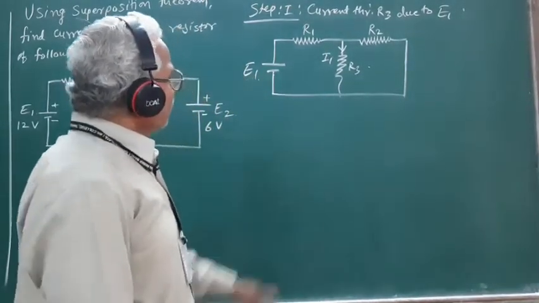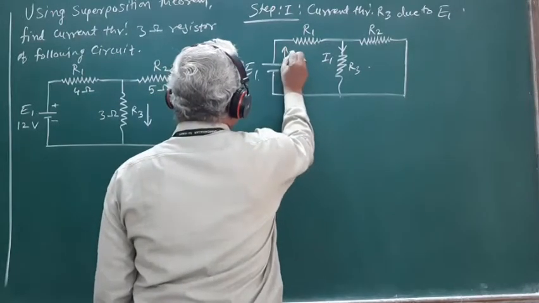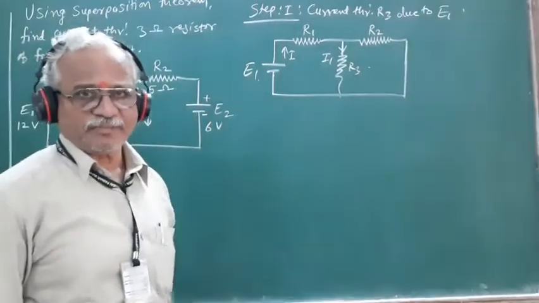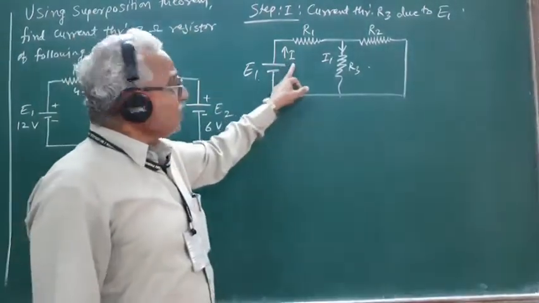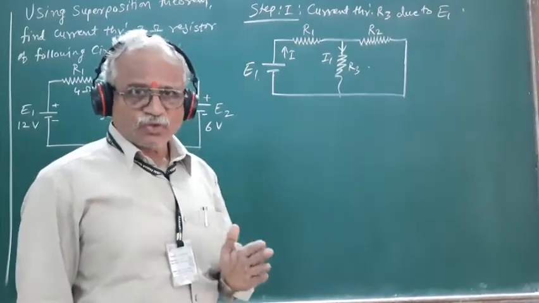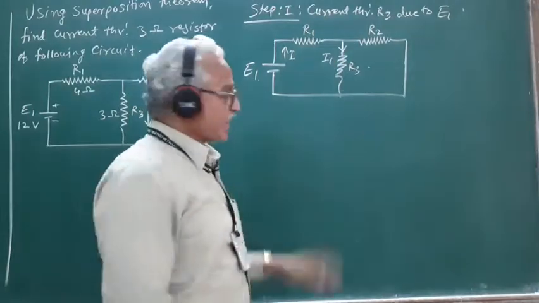So in order to find the value of I1, let us first calculate the total current I sent by the source E1. To find the total current I sent by the source E1, we must first know the total resistance of this circuit.